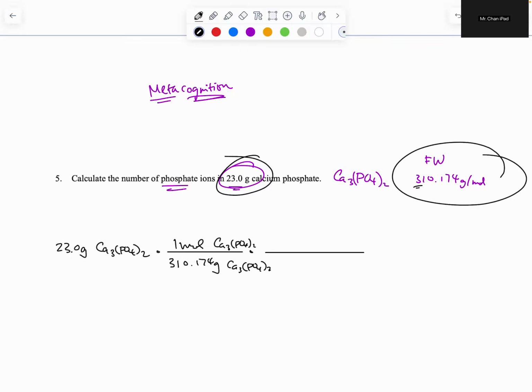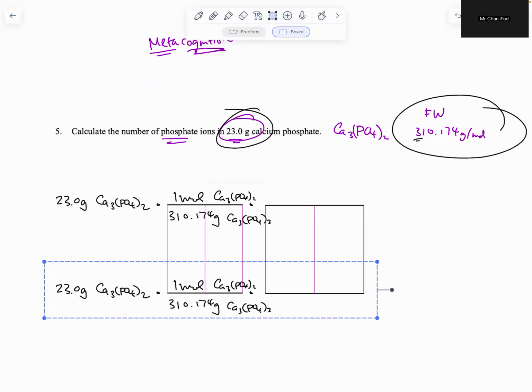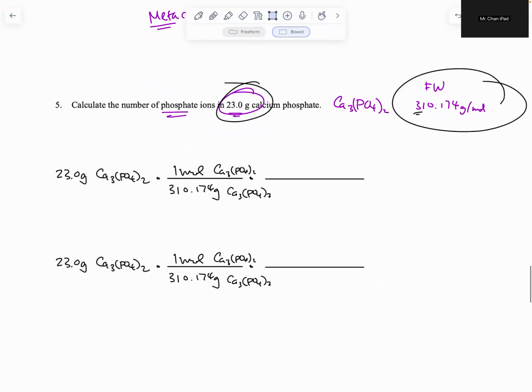All right. Now, there are 2 ways to go from here. Either way, it's fine. Let me go ahead and give you both versions, and I will let you choose. I will let you see both. My first version is this. If I know how many groups of calcium phosphate, then I can tell the number of individual calcium phosphate.